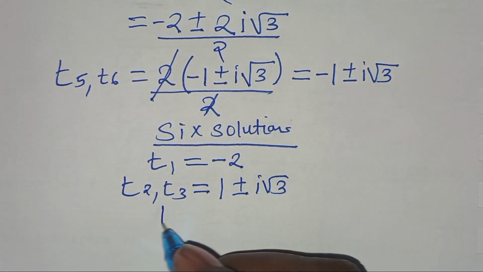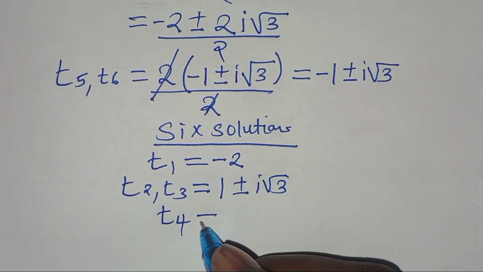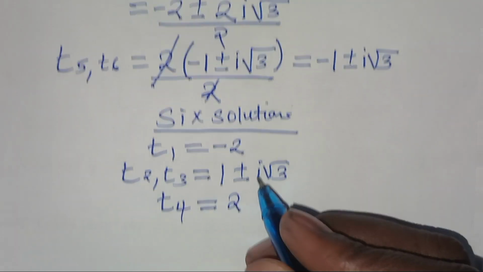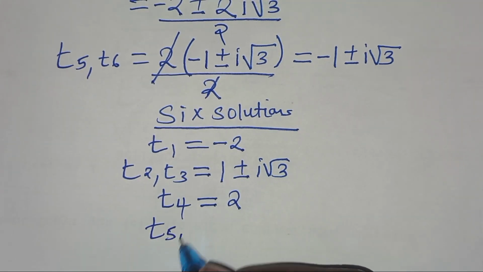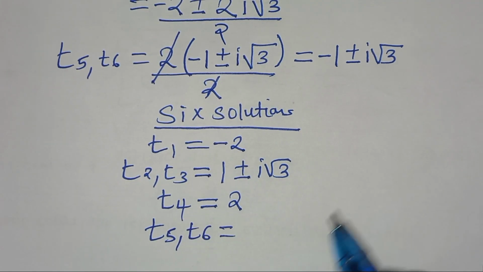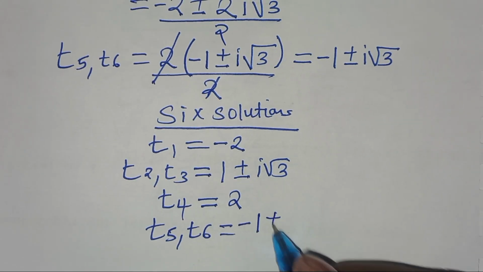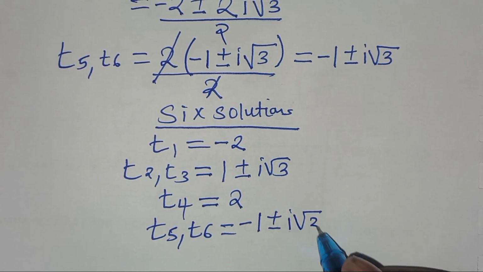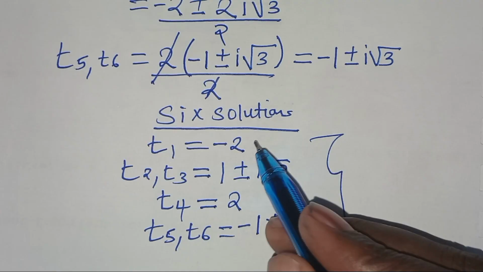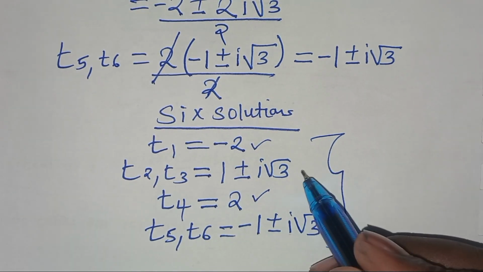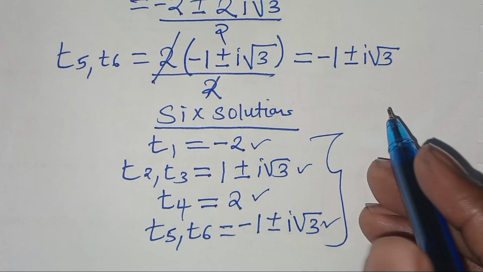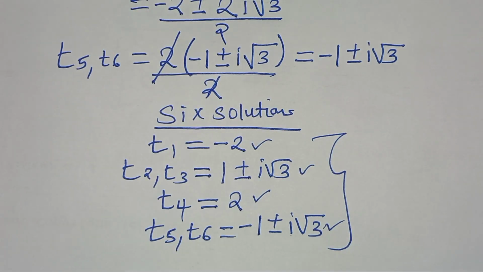And then we have that t4 is equal to 2. We have that t5 comma t6 is equal to minus 1 plus or minus i square root of 3. So we have 2 real solutions and 4 complex solutions. So that is a total of 6 solutions.